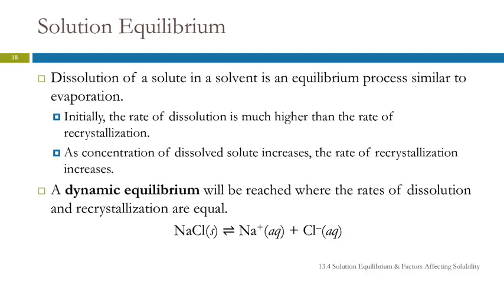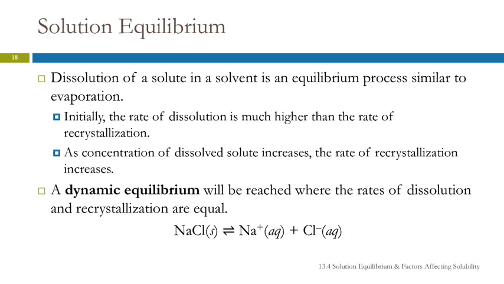Solution equilibrium. Dissolving a solute in a solvent is an equilibrium process. We've talked about this in terms of evaporation. It's a similar idea: you have two opposing processes. You've got the solute dissolving, and you also have the solute recrystallizing to form the solid again.